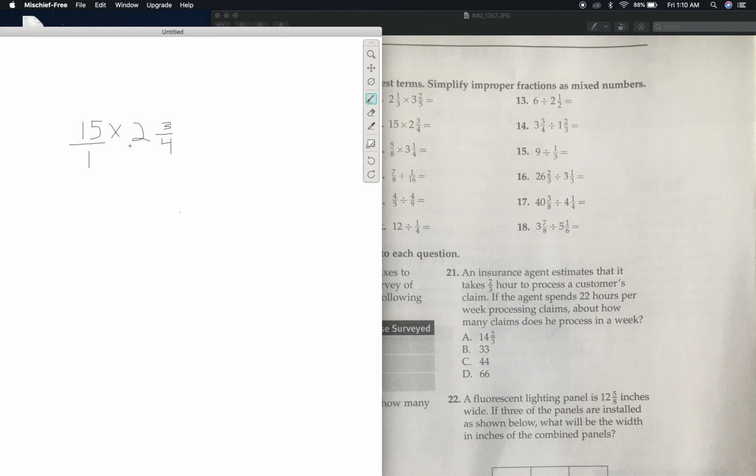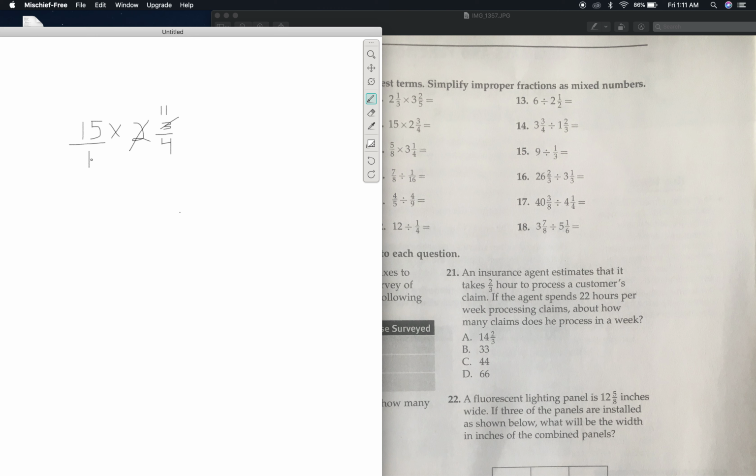So we need to change this to an improper fraction from a mixed number. So 2 times 4 is 8, plus 3 is 11. So let's cross this out, make this an 11. Cross this 2 out, so we're no longer using that. Let's try and cancel. There's no number that goes into 4 and 15 evenly.